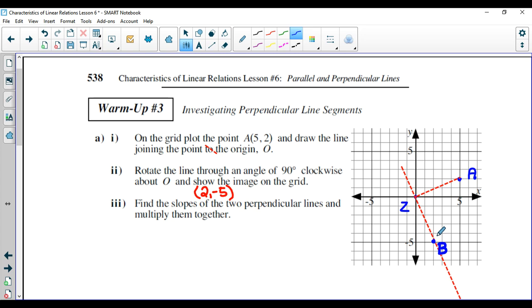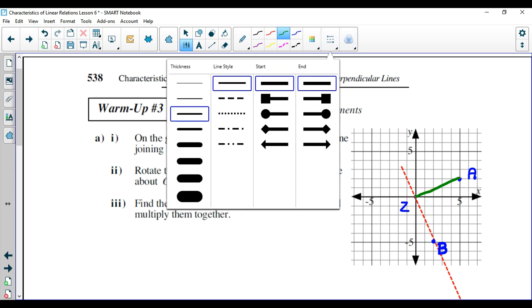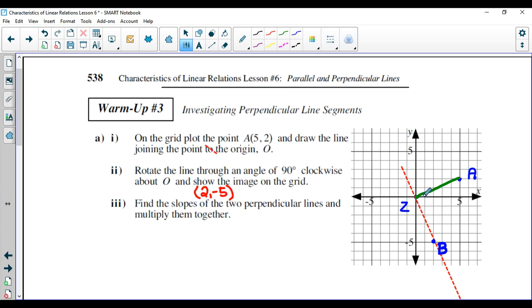Okay, now it wants me to calculate the slopes of these two lines. So we're going to draw some slope triangles to do this. So the slope of the line connecting Z to A. We're going to focus on this line segment. Here's the base of the slope triangle, and here's the height of the slope triangle. So my run would be equal to 5, and my rise would be equal to, it goes up by 2, so it would be positive 2.